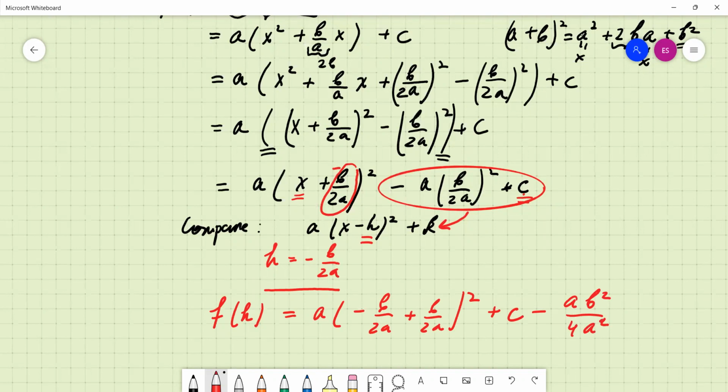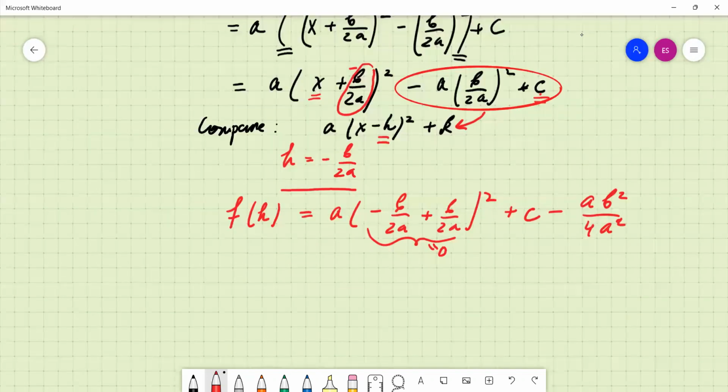I'm just kind of opening parentheses. You see that this parenthesis will give you 0. And it means that f of h will be equal to c minus, if I cancel a little bit, b squared over 4a. So that's my k according to the standard form.